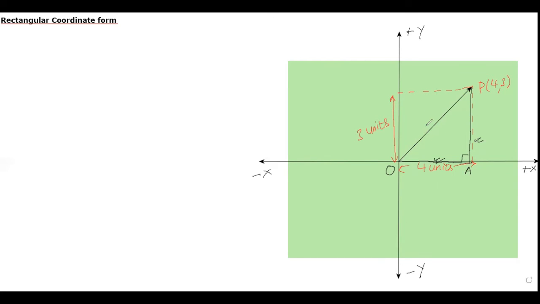So we can calculate OP, that is the length of the arrow, because it is the hypotenuse of this right angle triangle.